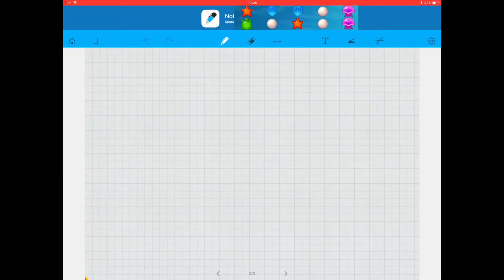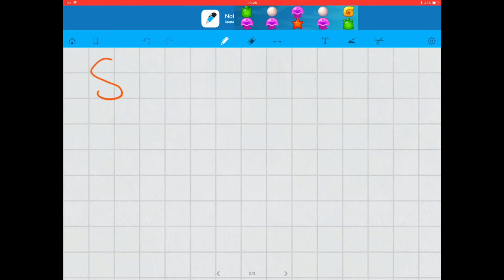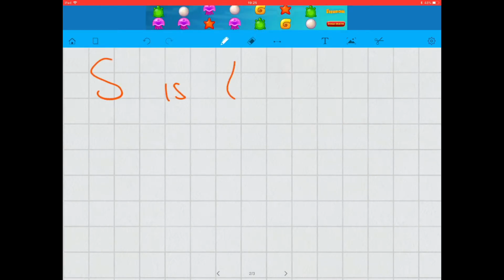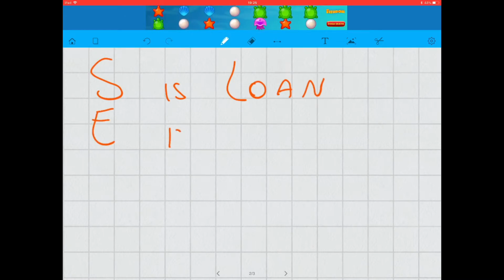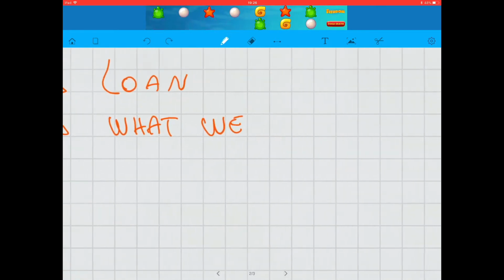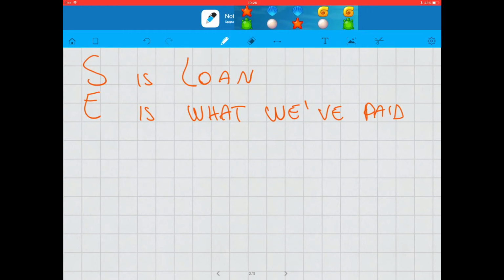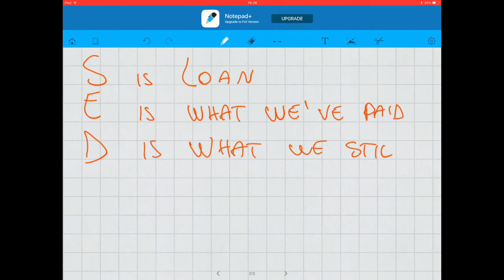We must know that S is our loan. E is what we paid. Then there is D, what we still need to pay.